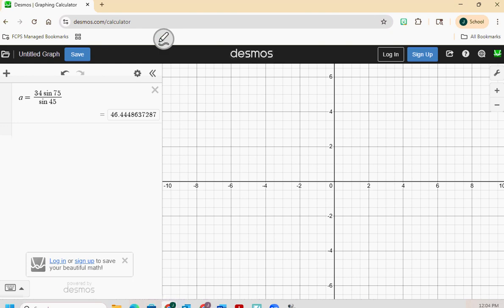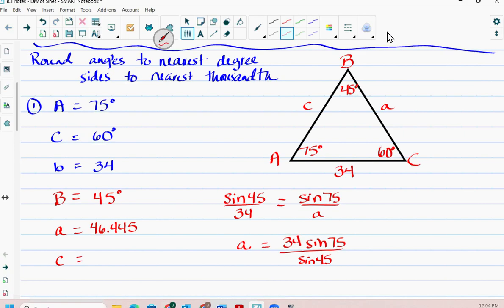But we don't need to use this side to find C, so I would just go back to a very similar equation to what we started with here. So sine of 45 over 34, this time equals sine of 60 over little c. So you guys try to find little c for me, and let's see how it goes.